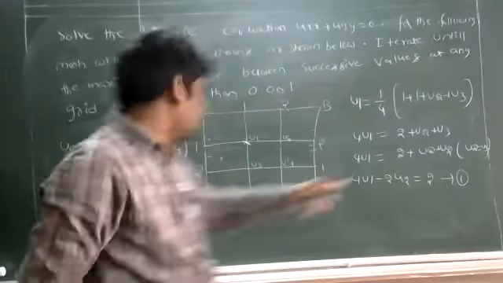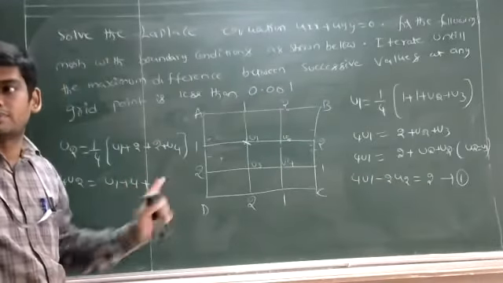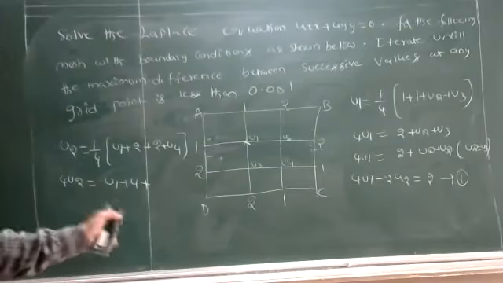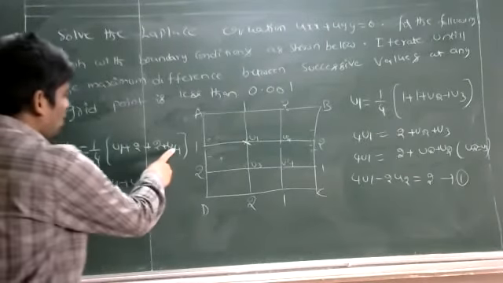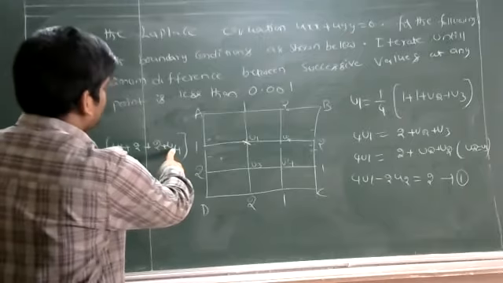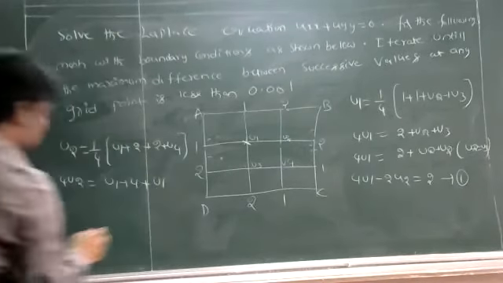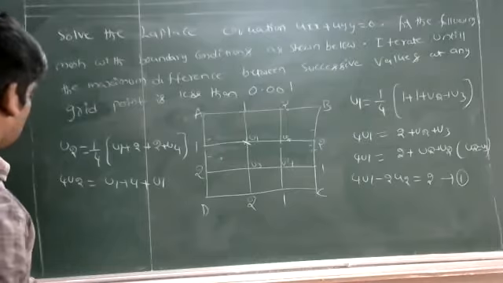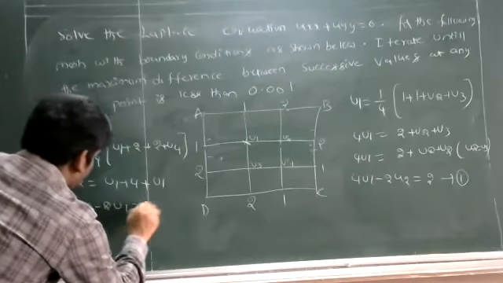Yes, so it is in u1 and u2. You also change this equation in terms of u1 and u2, then it is very easy to solve for the values of u1 and u2. Right, u1 plus 4, what is u4? u1. Right, so therefore 4u2 minus 2u1 is equal to 4.